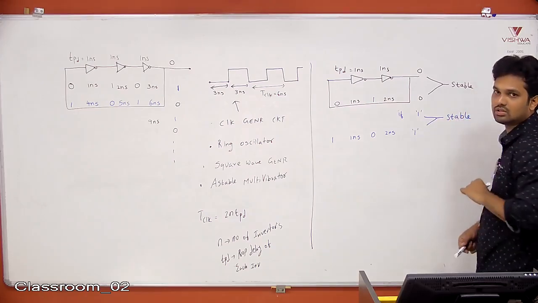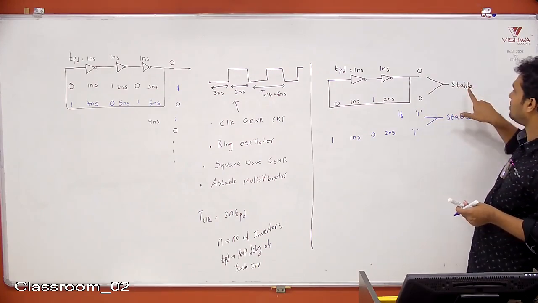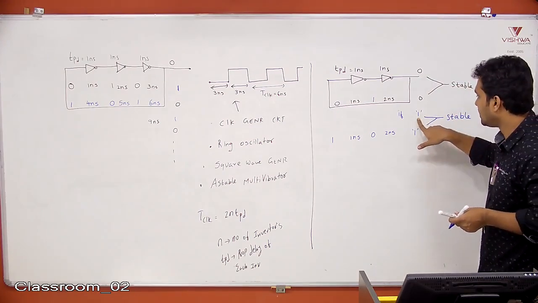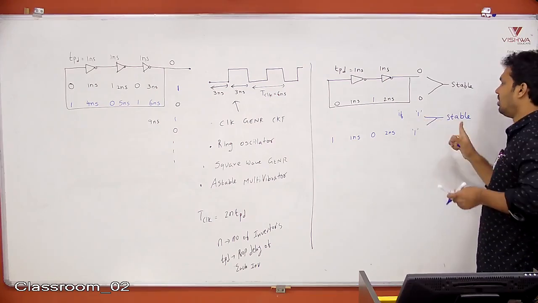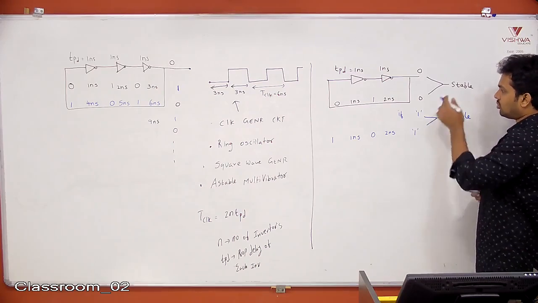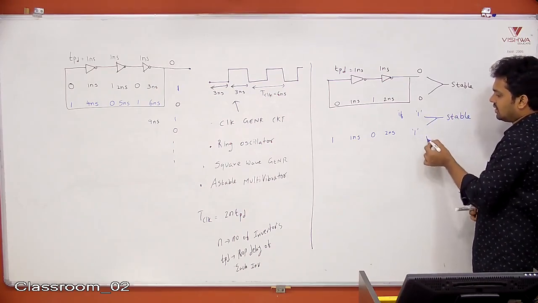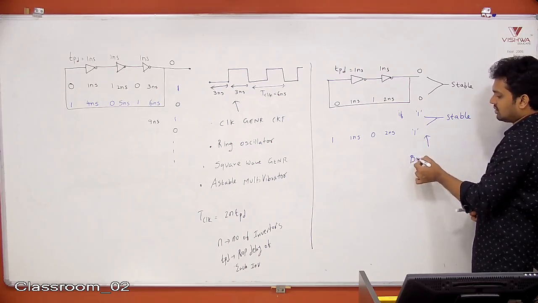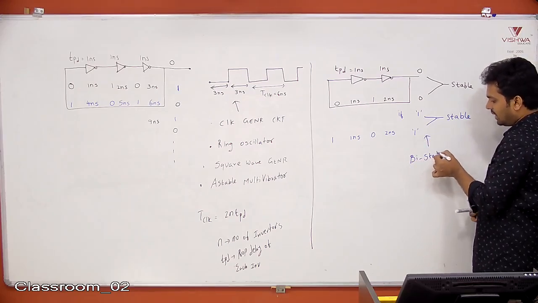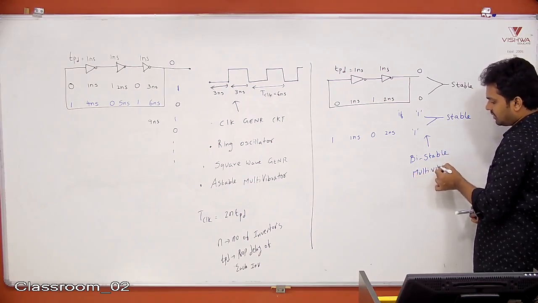If initially my output is at 0, output is stable at 0. If initially my output is at 1, output is stable at 1. So here output will be stable at either 0 or 1 depending on initial condition, and we call it a bistable multi-vibrator.